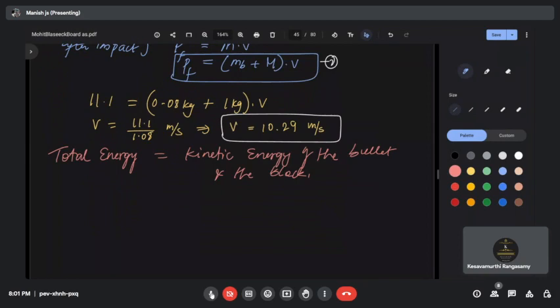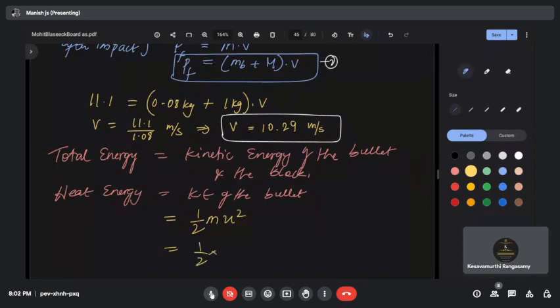So let me write that as well. Heat energy is purely due to the kinetic energy of the bullet. Okay, so these are the two important relations that we need to know. The kinetic energy of the bullet you can write as half m u squared, which you can calculate because the bullet was fired with some initial velocity.